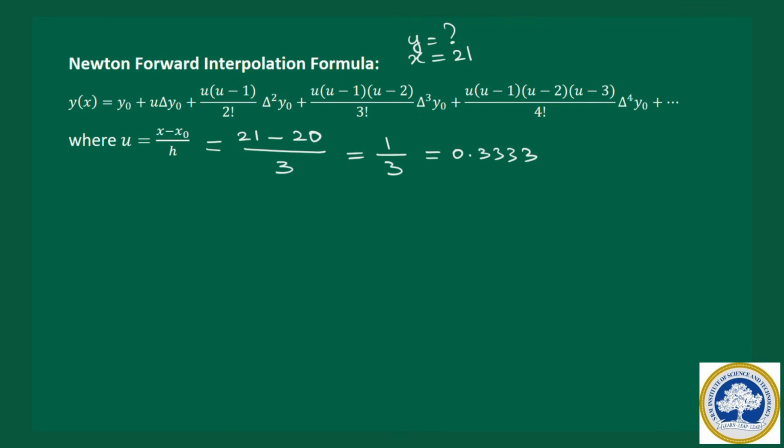Okay. Now we are finding y of 21, which is equal to y naught, we have to take it from the table, that is 0.3420, plus u is what? Here let me write it as 1 by 3. Before that I left this one term, u into delta y naught.